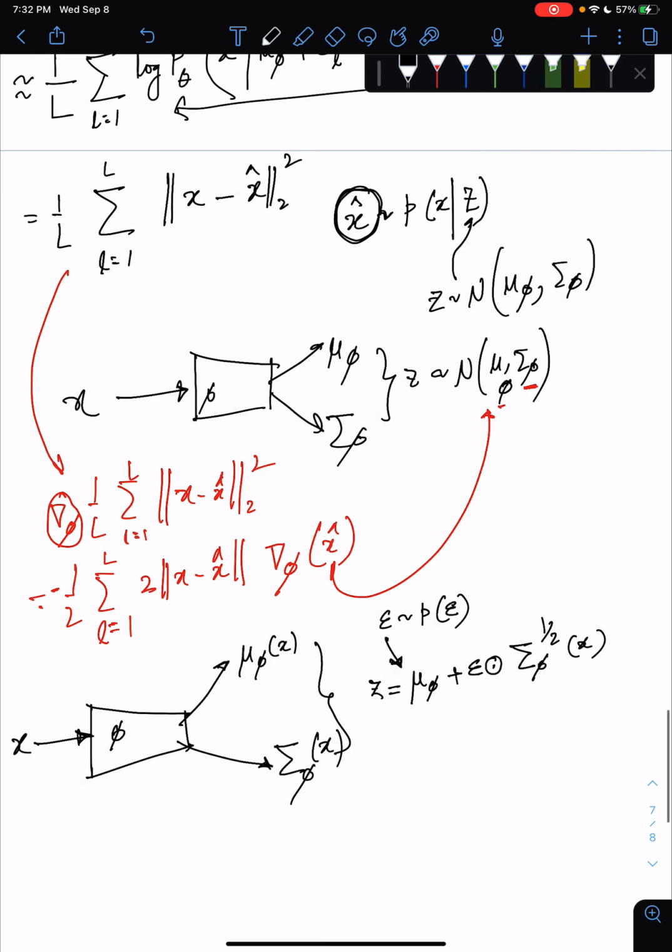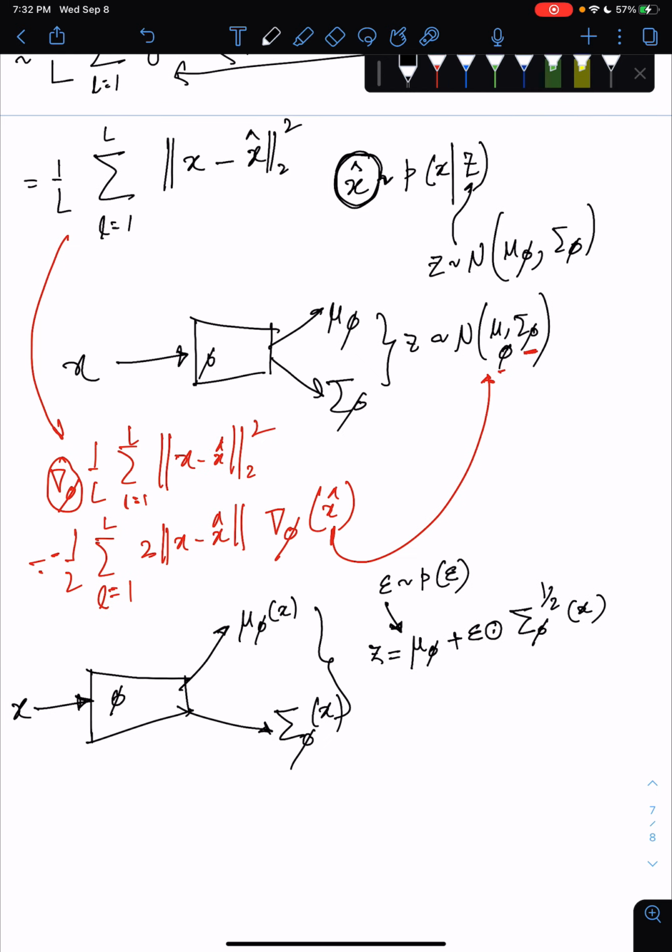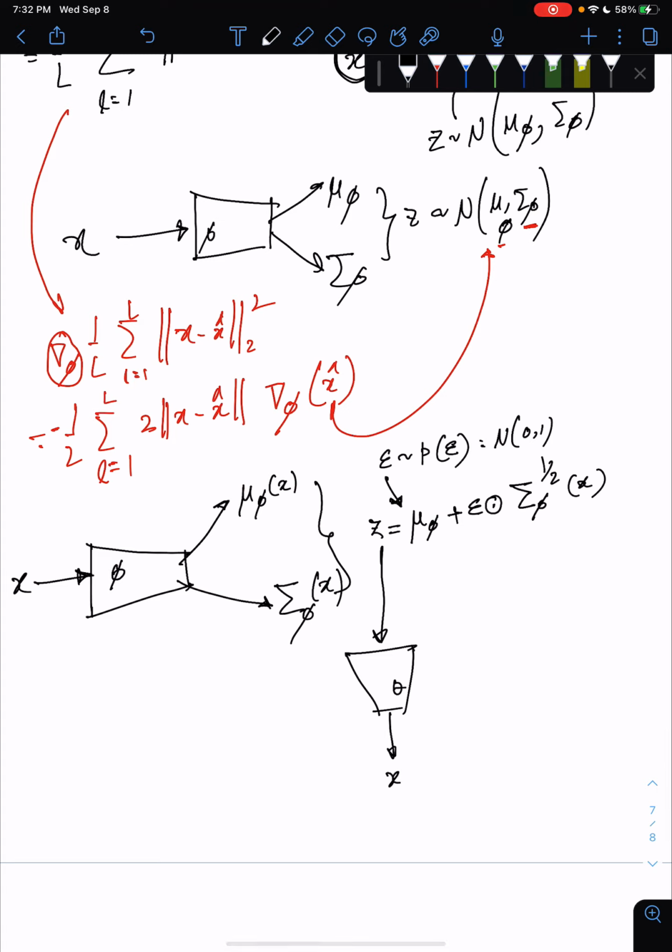This network will give us the mu and the sigma, and after we get the mu and the sigma in the forward propagation, we will be sampling some epsilon from a standard normal distribution, and we express our z's. Then we feed this z to another network which is parameterized by theta. We try to reconstruct this x prime, and we do an MSE between these two.